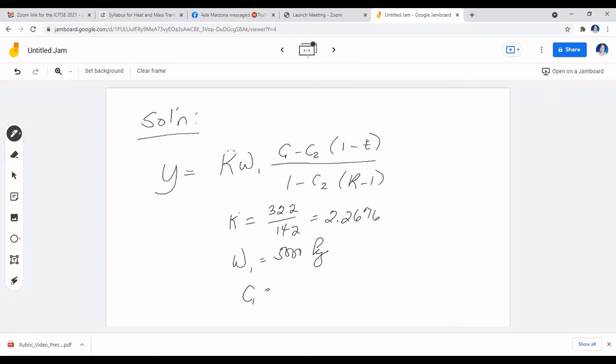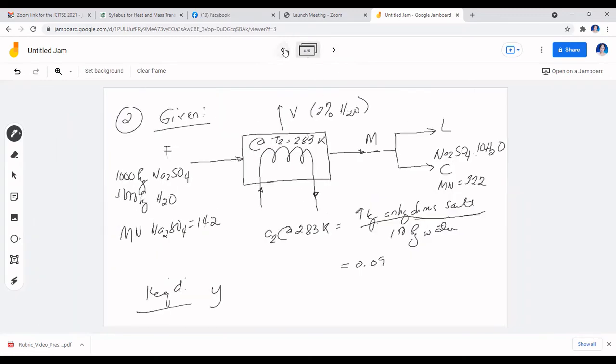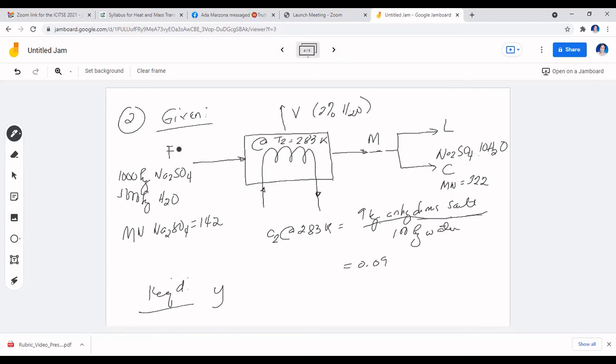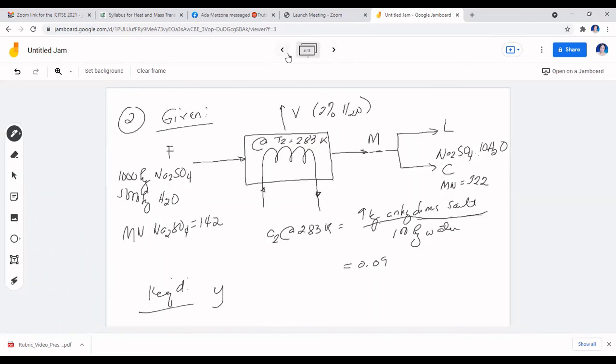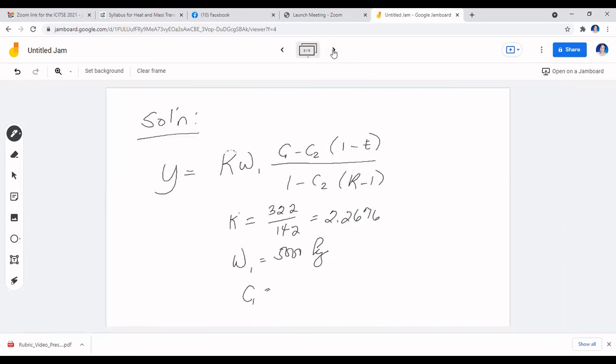So how do we express concentration here? We express it in terms of anhydrous salt over solvent. So your C sub 1 is 1,000 over 5,000, and this should give you 0.2.